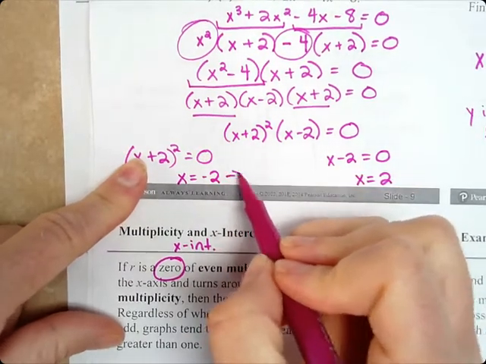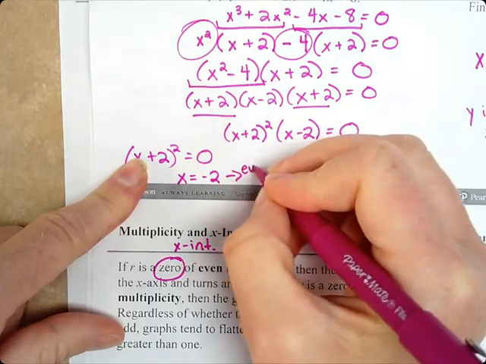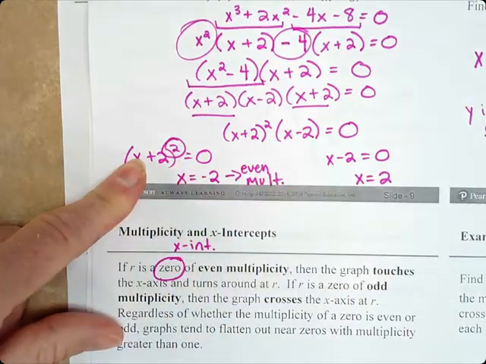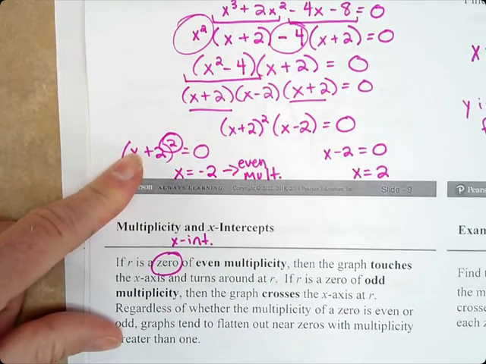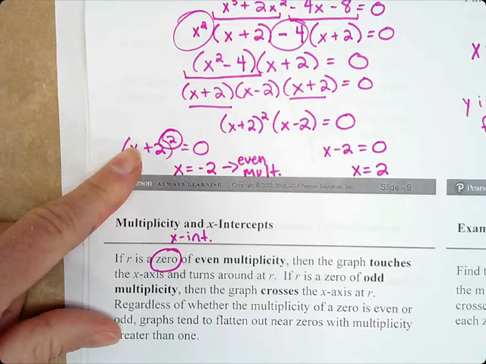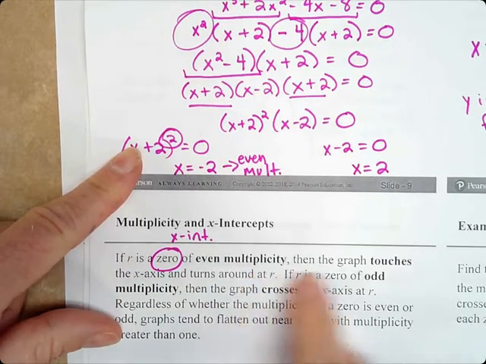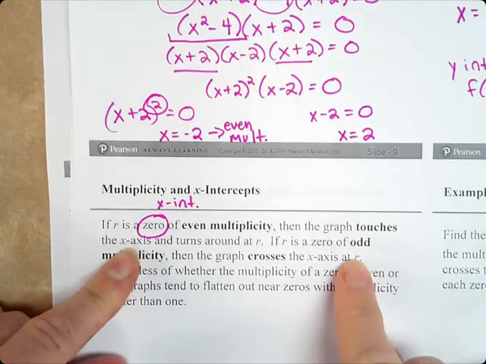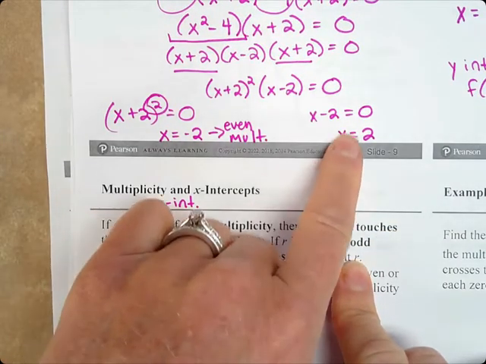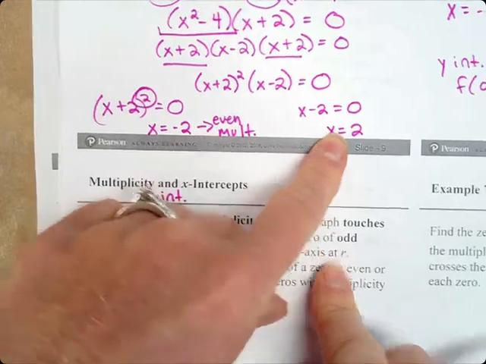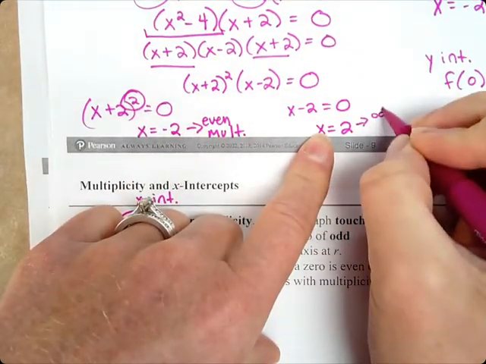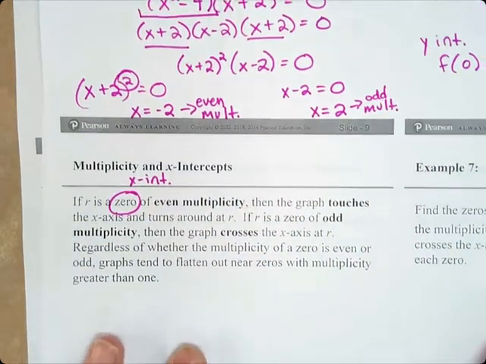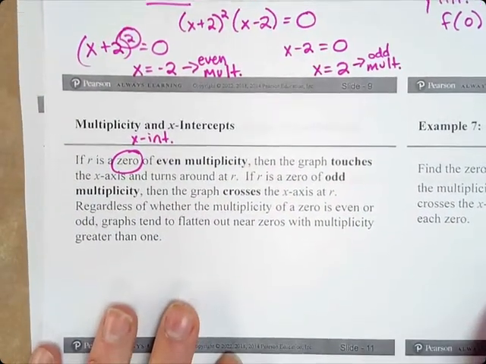So this has an even multiplicity because of that 2, that's squared. So if we have an even multiplicity, then the graph touches the x-axis and turns around. If it has an odd multiplicity, so this is just one time, right? So this is an odd multiplicity. Then it's going to go straight through, crosses the x-axis at r.